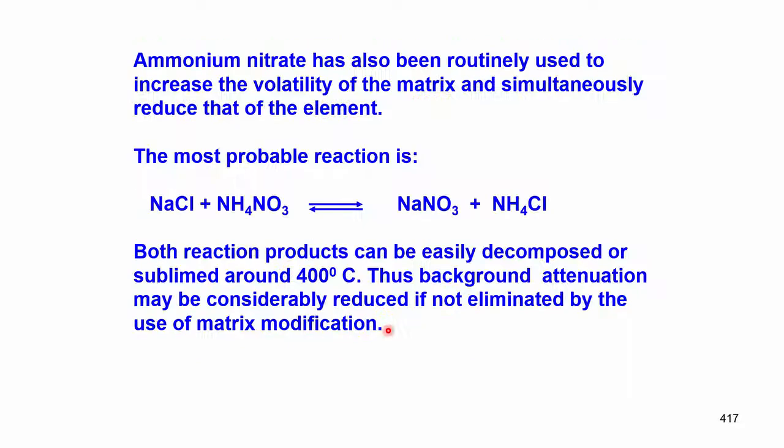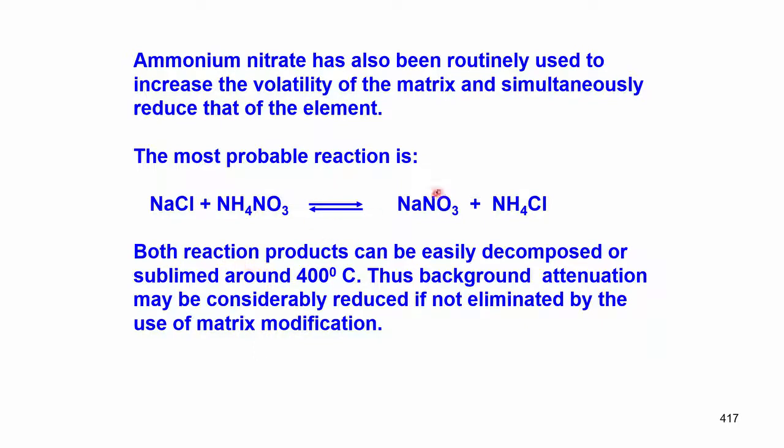Okay. So, people have routinely tried ammonium nitrate to increase the volatility of the matrix and simultaneously reduce the element loss. What is the reaction in such cases? Sodium chloride reacts with ammonium nitrate and simply forms sodium nitrate, which easily decomposes at around 400 degrees. It can be sublimed also, it can be decomposed also.